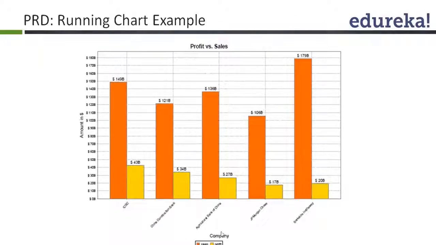So company is the category. If you want one level deeper, then these are the category names, category elements. If it is company, then these are company names. If it would have been country, then these could have been country names. So this is the category field.